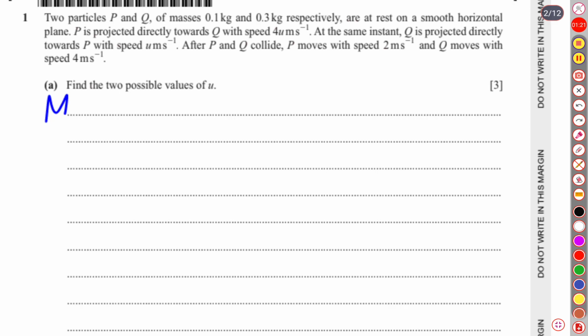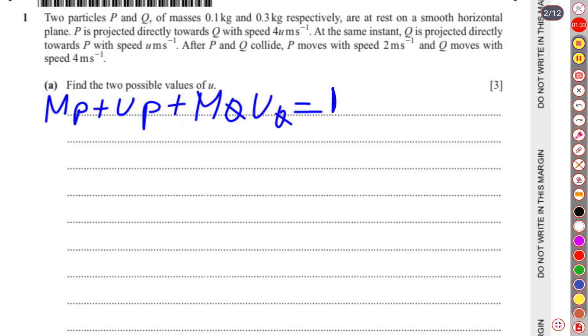M_P into initial velocity u_P plus M_Q, mass of particle Q, into initial velocity of Q is equal to mass of particle P into final velocity of P plus mass of particle Q into final velocity of particle Q.